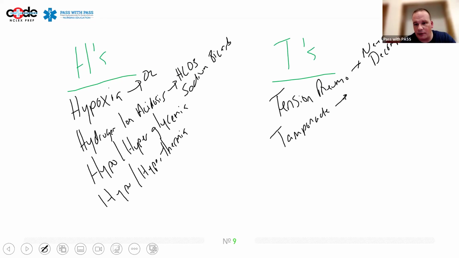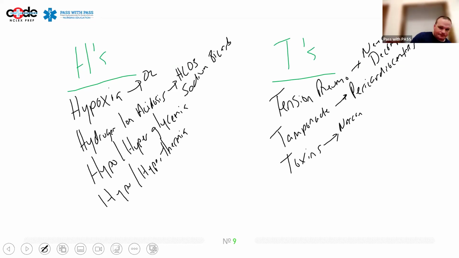Air Medical can do a pericardiocentesis. It's not a definitive fix, but it at least provides some relief. So we have tension pneumo, we have tamponade, we have toxins, which could be anything toxic. We automatically just think opiates, but really it could be anything that could have put them in that situation.